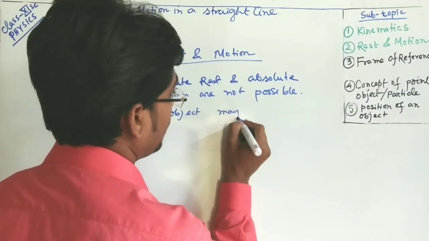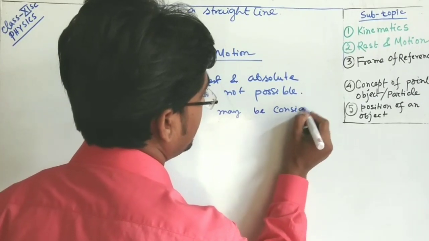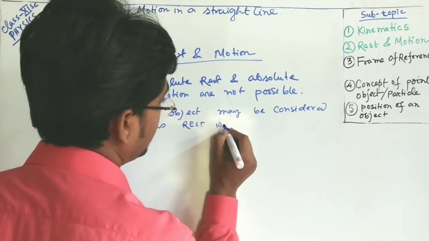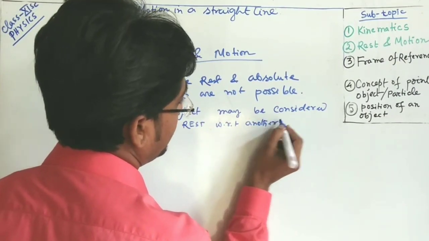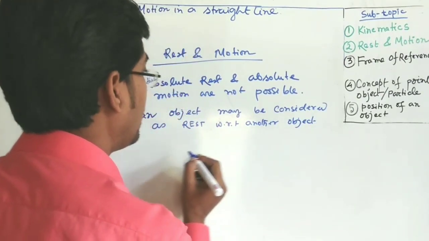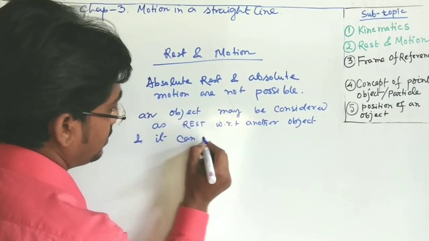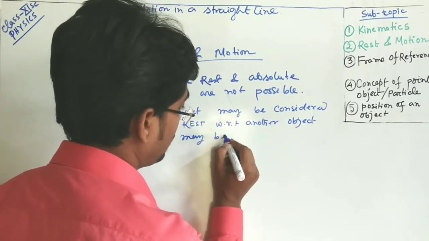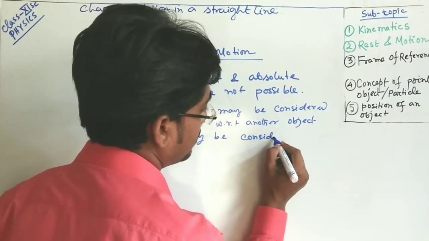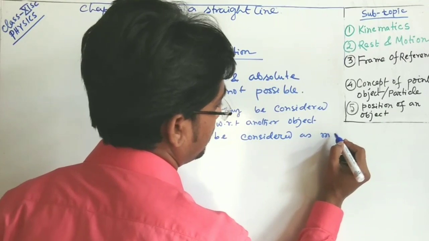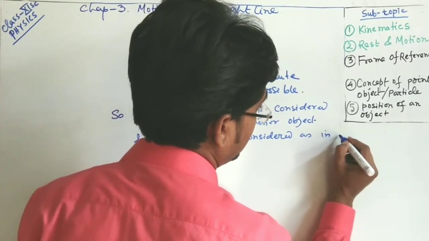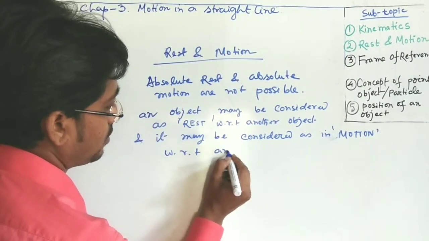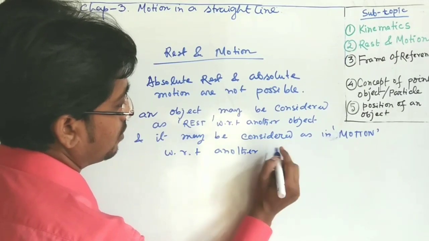An object may be considered at rest with respect to another object, and it may be considered as in motion with respect to another object.